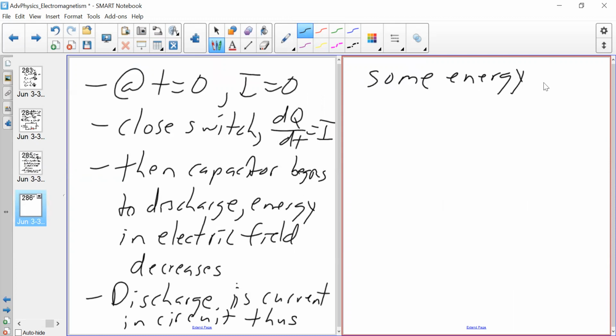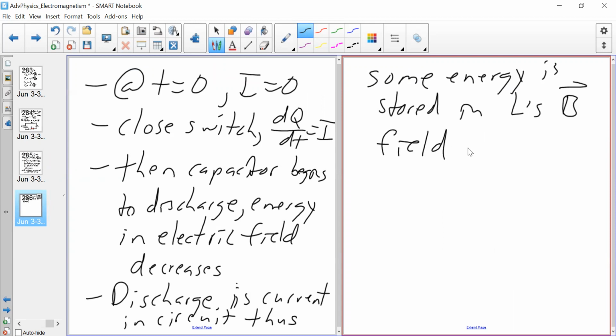Now some energy is starting to get stored in the inductor's magnetic field after some time t.